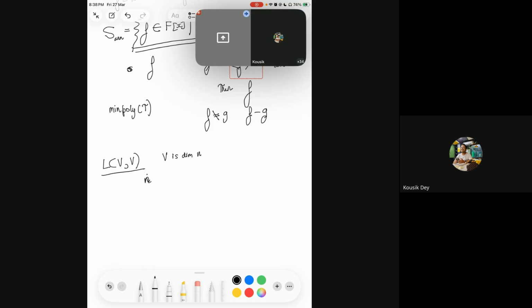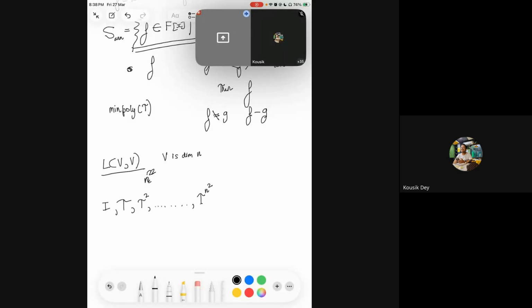So if T is an element here, then consider I, T, T squared, up to T to the power n squared.